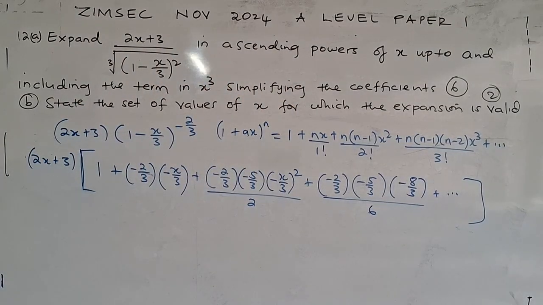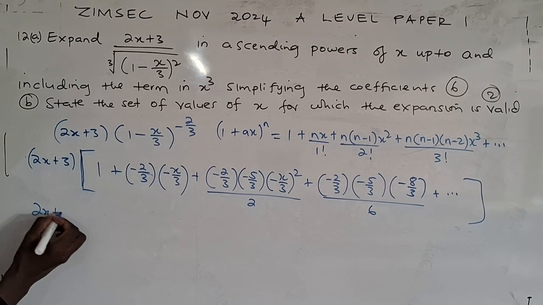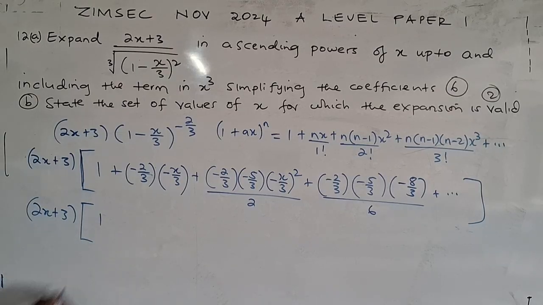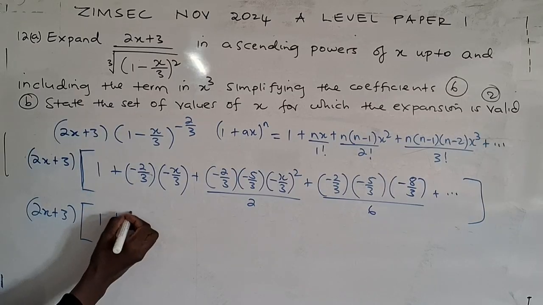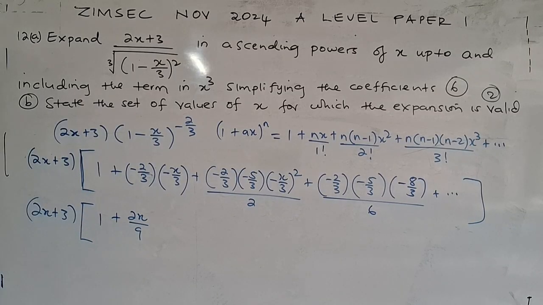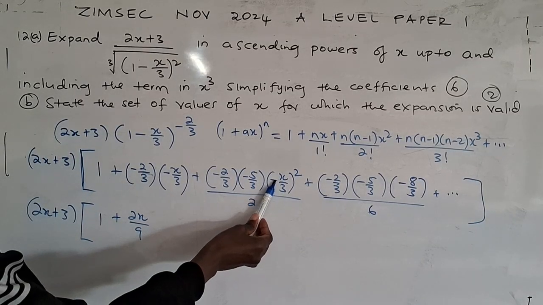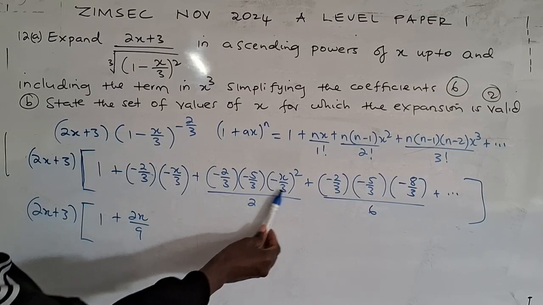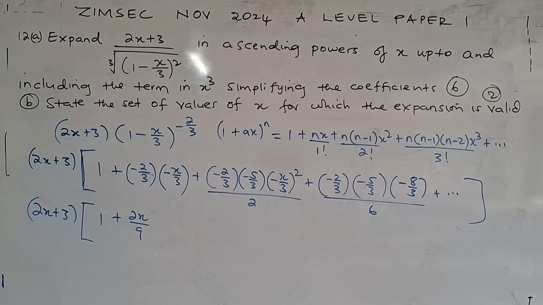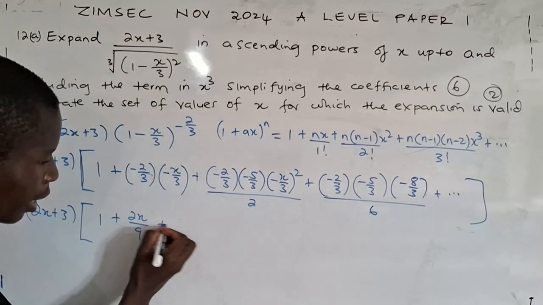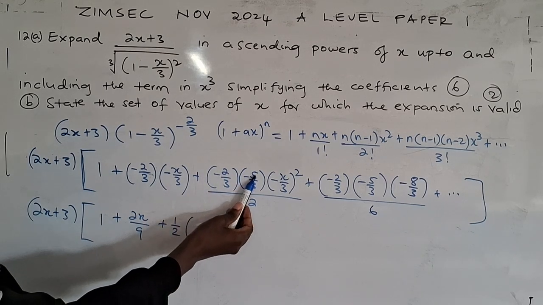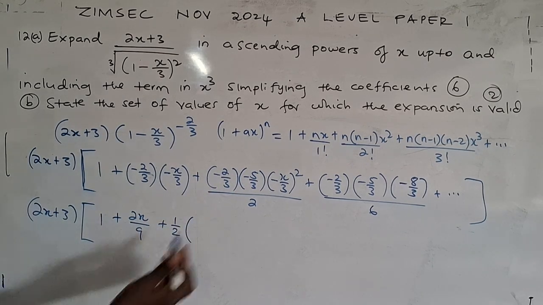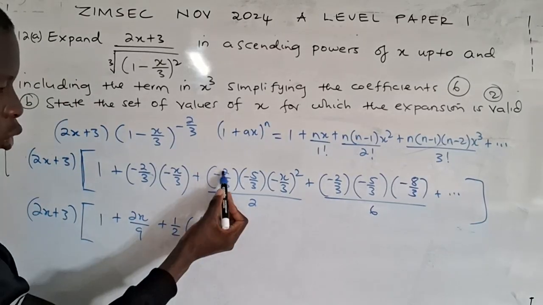Here we are. Now we should simplify. This is (2x + 3), and here I have 1. A negative and a negative is a positive. So this is positive 2x/9. This is negative to the power 2, so the answer here is positive, and here again it's positive. So I have plus 1/2 times, 2 times 5, what is the answer?